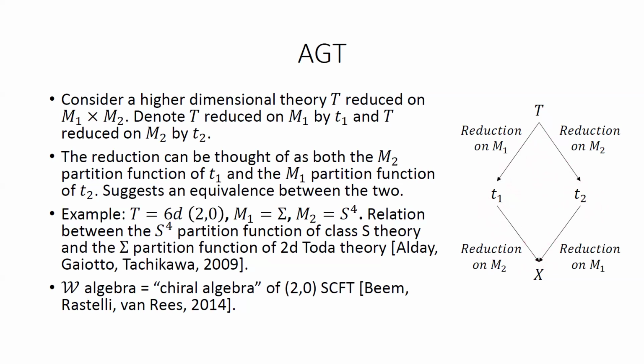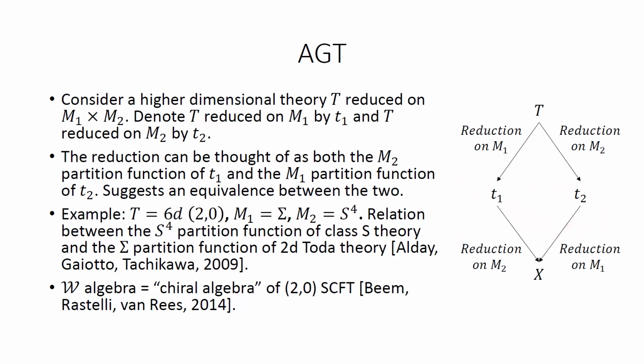This relation is generally called by now AGT, based on Alday-Gaiotto-Tachikawa, who found the original relation for which T was the 6D 2,0 theory, M1 was some Riemann surface, so T1 was some class S theory, the reduction of the 2,0 theory on the Riemann surface, and T2 turned out to be the 2D Toda theory. Then there's an equivalence between the S4 partition function, as M2 was S4, of some class S theory and various correlators of the 2D Toda theory.